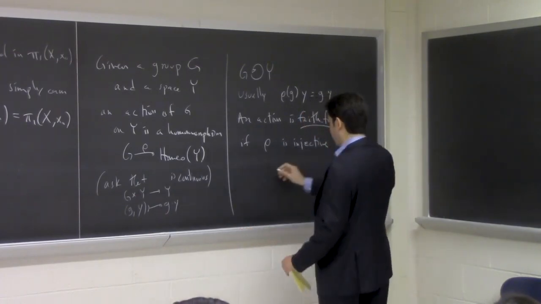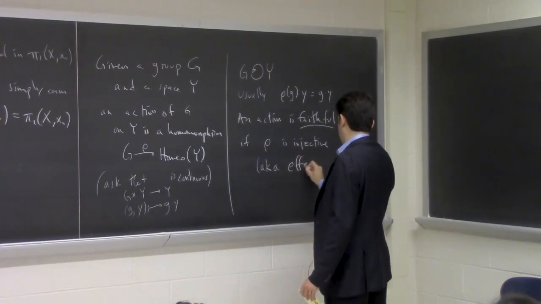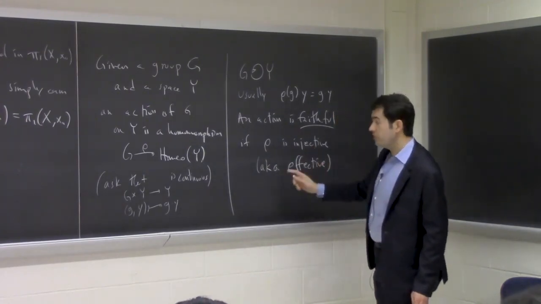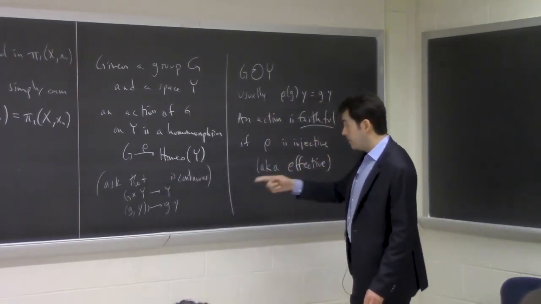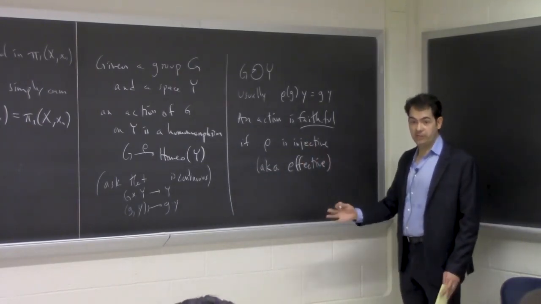Right. This is also called effective, so known as effective. Okay, so this is saying that the different elements of the group give you different homeomorphisms, right? So no two elements act exactly the same way.